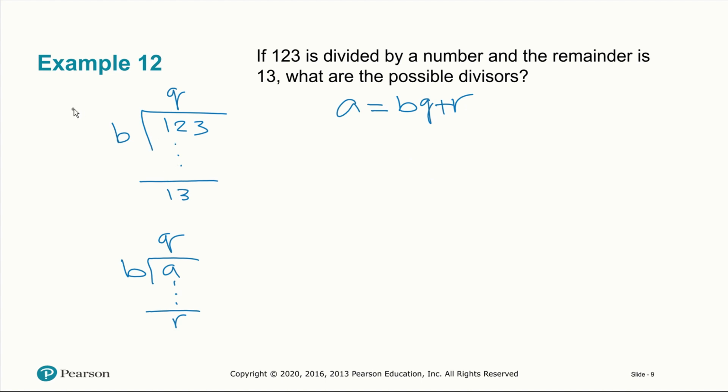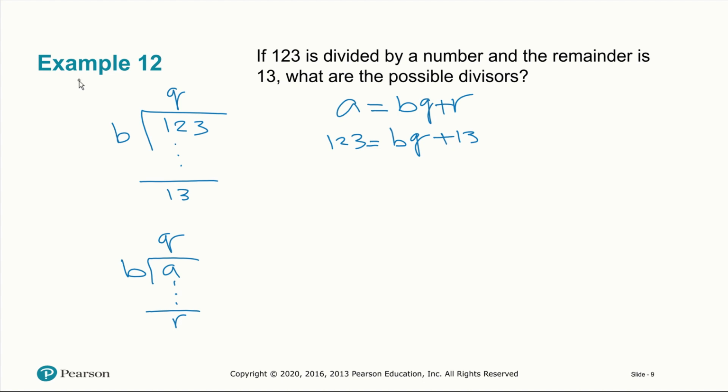So instead of A, we have 123. BQ is going to turn into itself because we don't have either B or Q. So BQ remains BQ. Plus, we do know the remainder, that's 13.